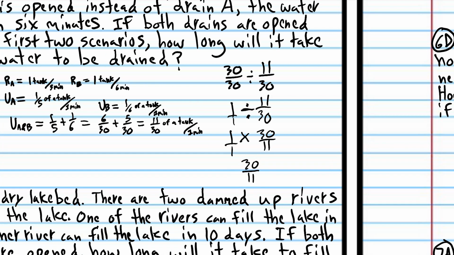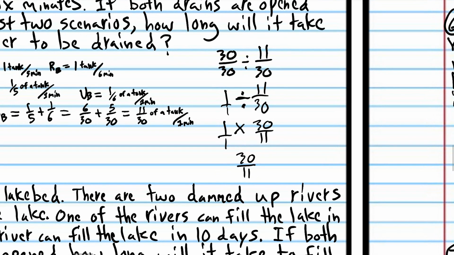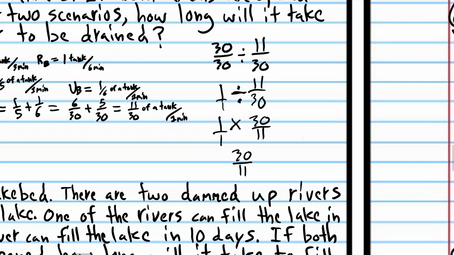But unfortunately, we're still not done. I know what you're thinking. I want to be done by this point. Well, we have one more thing to do, because do you see a problem with this? That's an improper fraction. We're not allowed to leave improper fractions. So we have to convert to a proper fraction. The way to do that is, we learned, figure out how many times the denominator goes into the numerator. It goes in 2 times. 2 times 11 is 22, and what's the remainder? 30 minus 22 is 8.